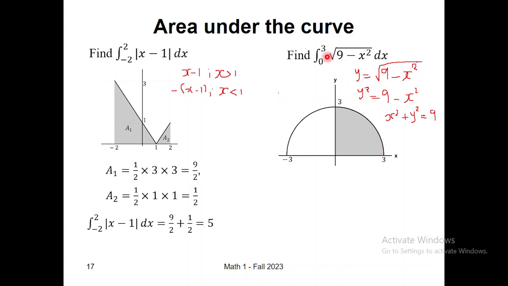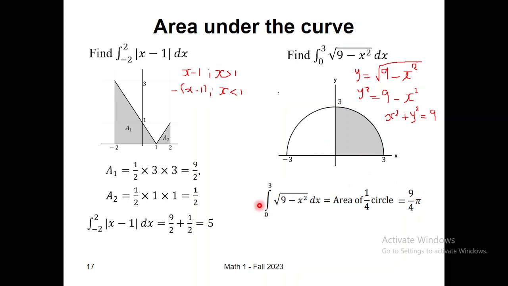So now this integration represents the area under this half circle from x equal 0, the origin, up to x equal 3. And clearly this area represents a quarter of the area of this circle. So this integration is given simply by 1 over 4 multiplied by the area of this circle, which is pi times r squared, which is 9.